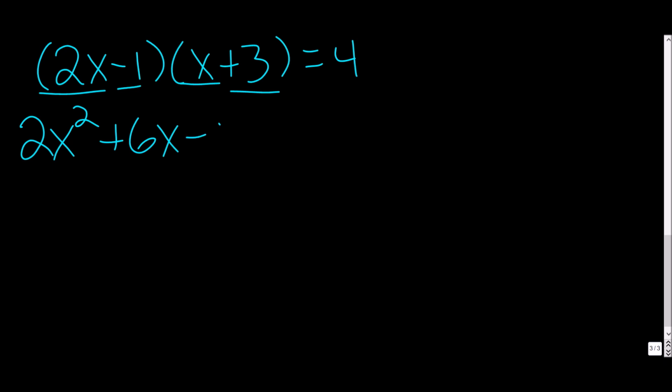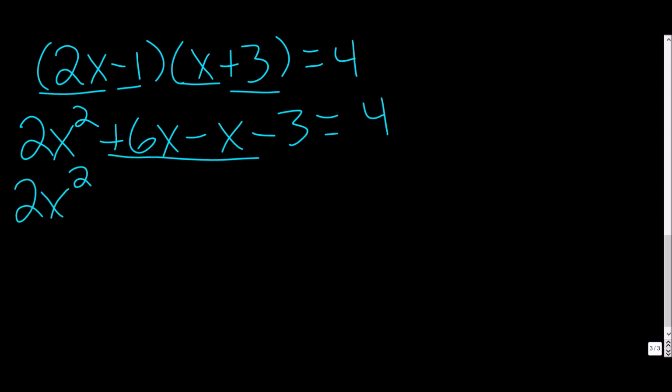And then our last, -1 and 3 makes -3. We can simplify from there. 2x squared, and we can simplify this to be 5x. Then we're going to move the 4 from the other side, and it's going to group up with the -3. But the 4, remember, has to switch its sign, so it becomes a -4. So we have a -7.